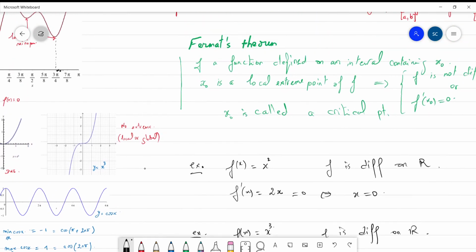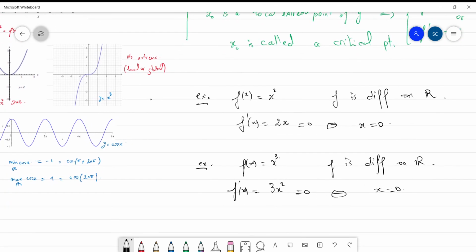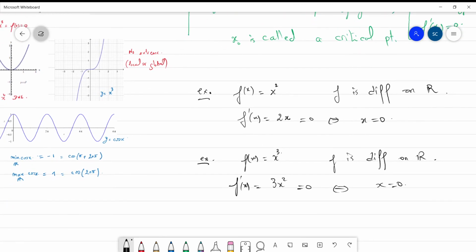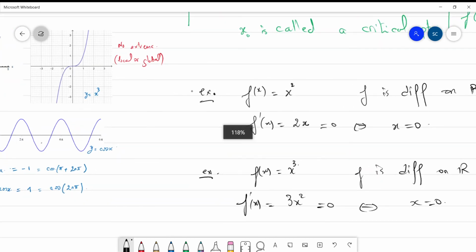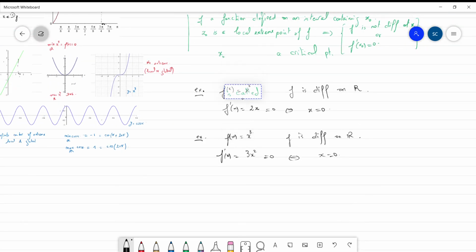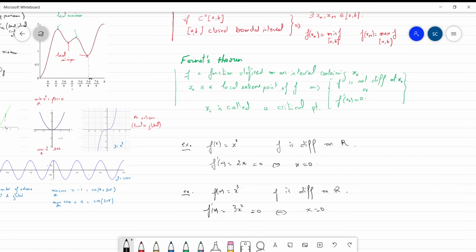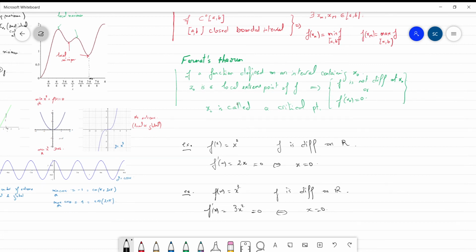So what is happening here? There is no problem, because the theorem is not saying that you have a local extreme point. It says they are candidates. Your candidate must be among these points. For example, here 0 is not a local extreme point, but it is a solution of f prime.